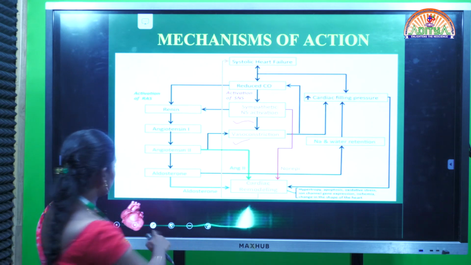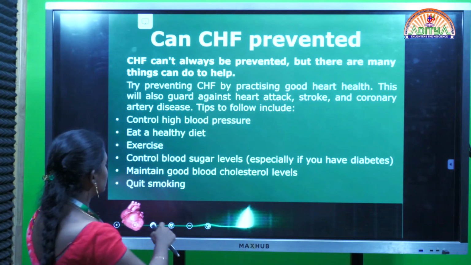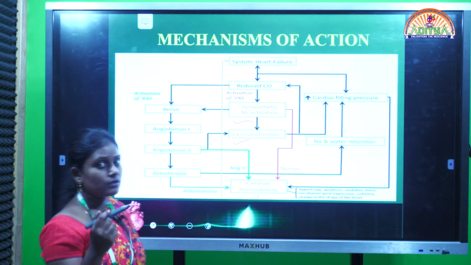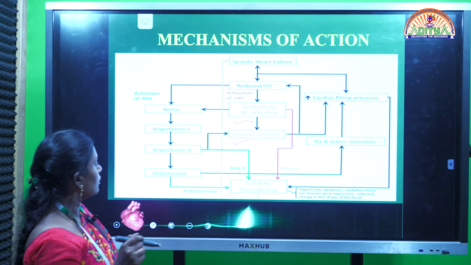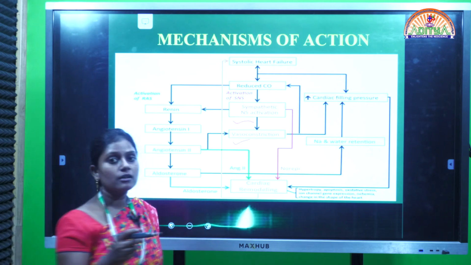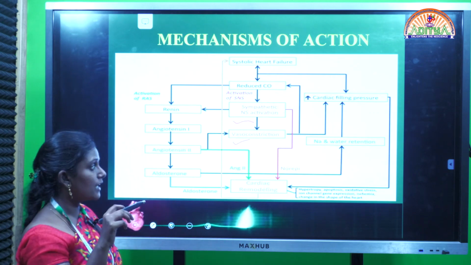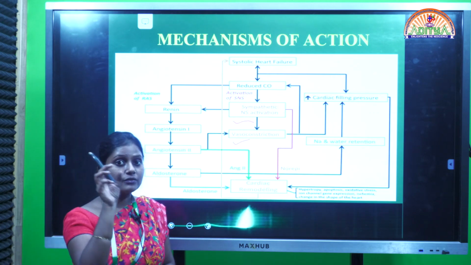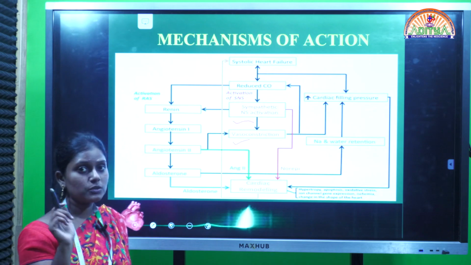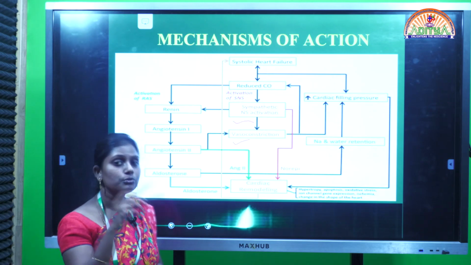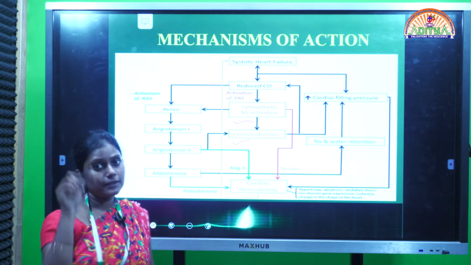So we are left with one more category of drugs, nothing but renin, angiotensin, aldosterone system inhibitors. They are mainly involved in inhibition of angiotensin, because they target the angiotensin converting enzyme. That means the enzyme which is responsible for conversion of angiotensin 1 to 2. So they are inhibiting that particular enzyme.